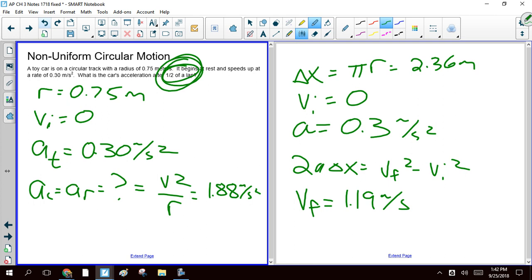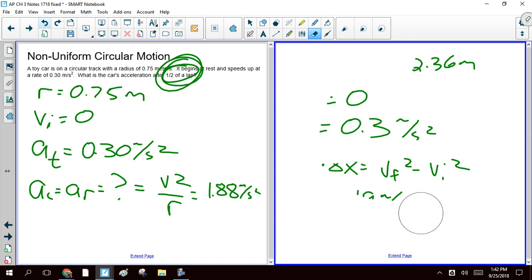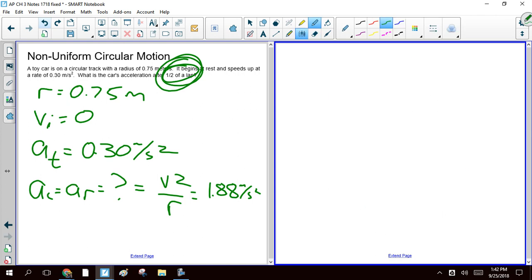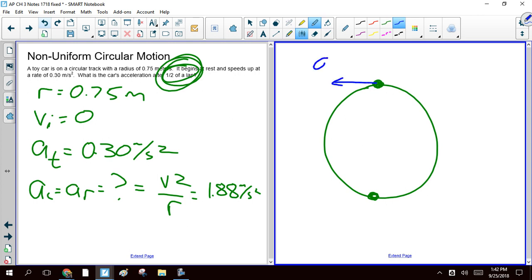Okay, and so then the idea is, and I made this change, but the power went out earlier today, so it apparently didn't save. I wanted you to assume that you started here on your circle, so after half of a lap, you're going to be here, right? So what we know then is at that instant, our tangential acceleration is 0.3 meters per second squared, and the radial or centripetal acceleration is 1.88 meters per second squared.